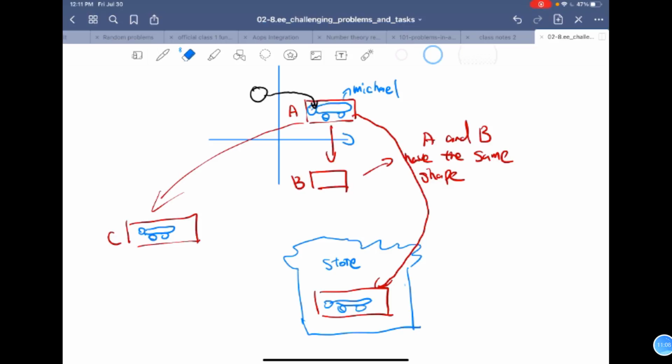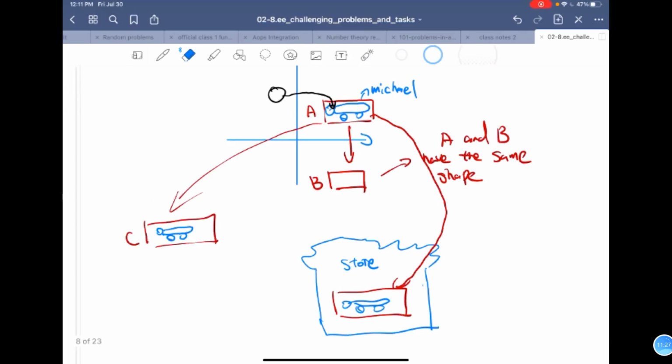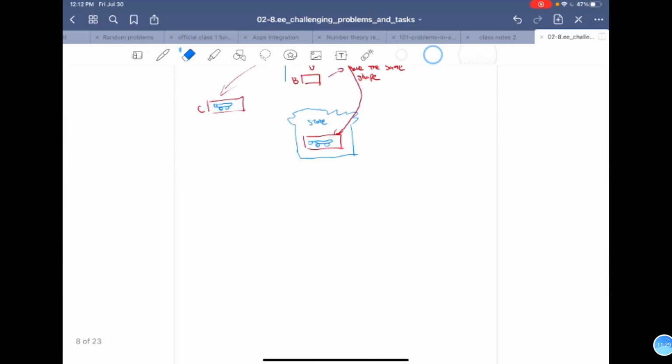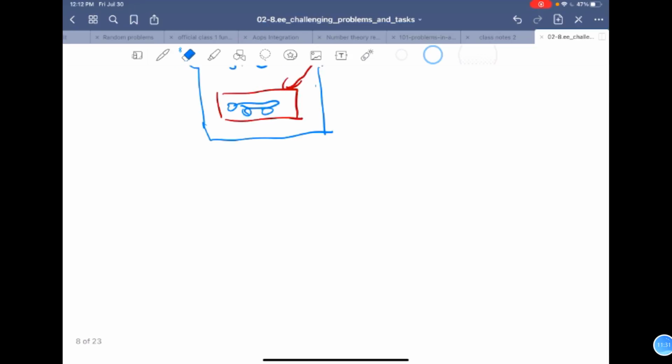Michael doesn't get thinner or fatter. So that's basically the idea of translation. You're just moving a figure or a graph, like a function. I'm gonna do some example that's more mathematically related.